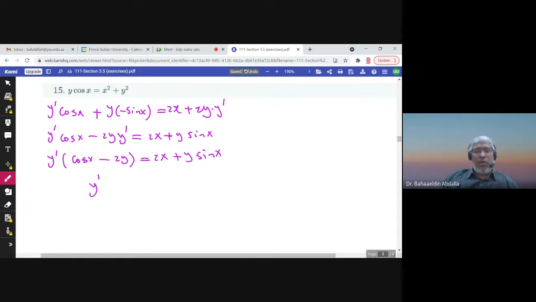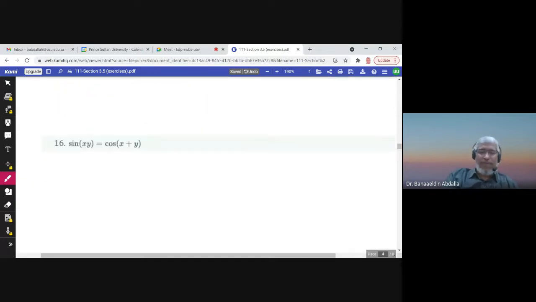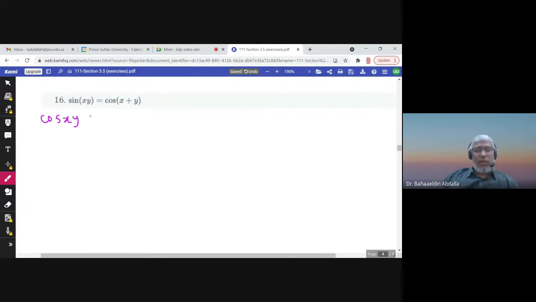And then y prime would be 2x plus y sine x over cosine x minus 2y. Derivative of sine is cosine, and then we multiply by the derivative of the inner function.